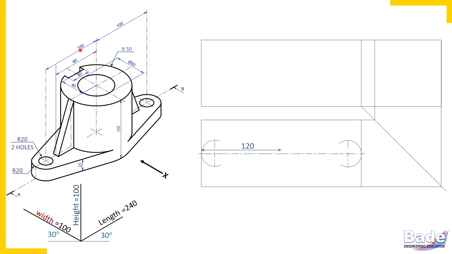This center is at distance 100 plus 20, extreme left end, 20 millimeters up to the center line, and then 100 millimeters parallel to length dimensions, 20 plus 100, 120. So I measured 120 millimeters and I have located the center of this circle. So draw a faint circle right now.